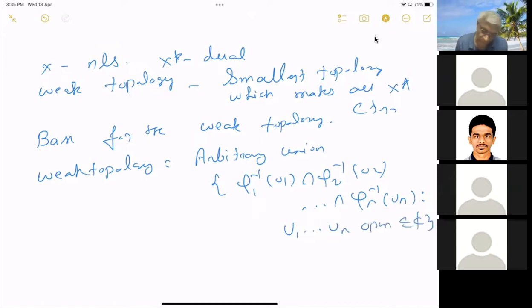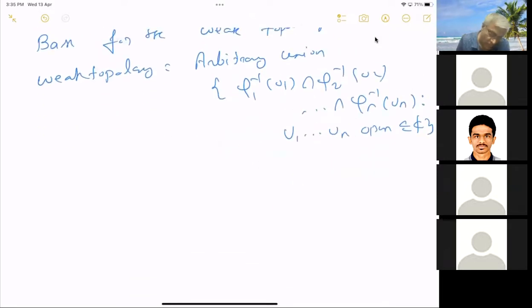So you take the inverse image of some open set in the complex plane using some linear functional, from a collection of linear functionals, and then take the finite intersection of that. That will form what is called a base. Then you take arbitrary union of those sets, and that will form the weak topology. So the topology is explicitly given by this.